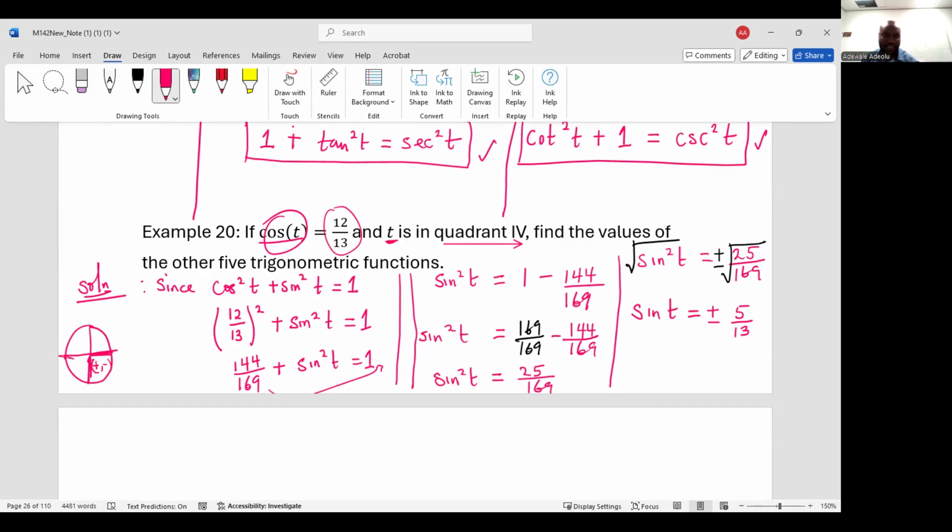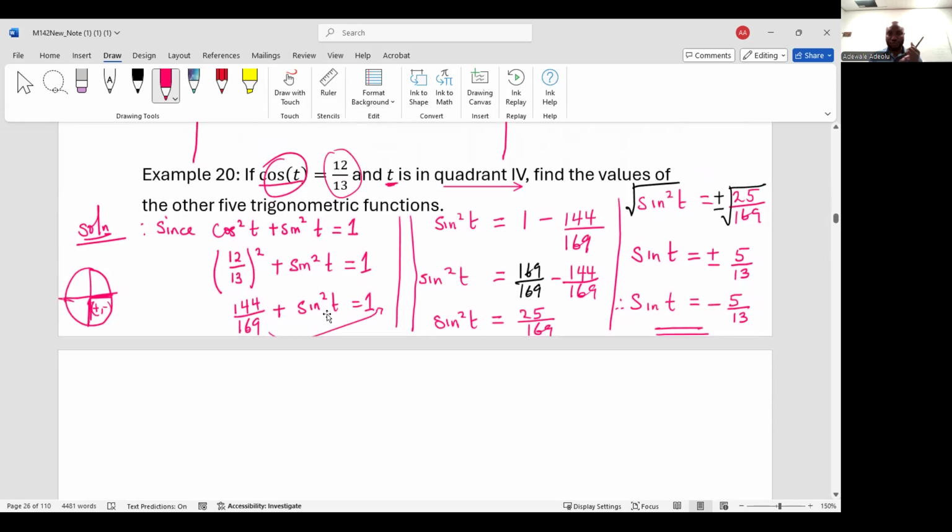So sine is the y value, so it turns out that sine of that angle is minus 5 over 13. Look at the beauty of this approach. We don't even know that angle, but then we were able to find the sine of that angle because of Pythagorean identity.